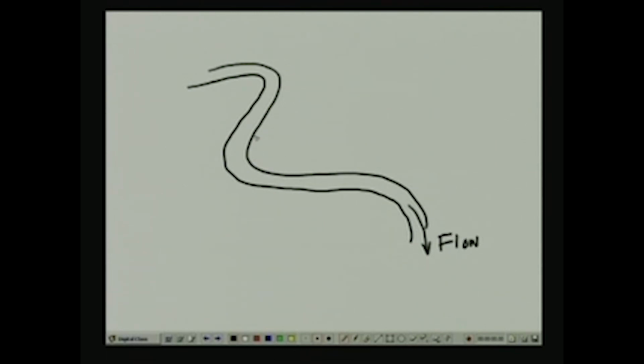So what happens on the inside of the curve is that the velocities are usually smaller in comparison with the velocity near the outside. So this is the inside of a curve, and for this particular bend, this is the outside of the curve.